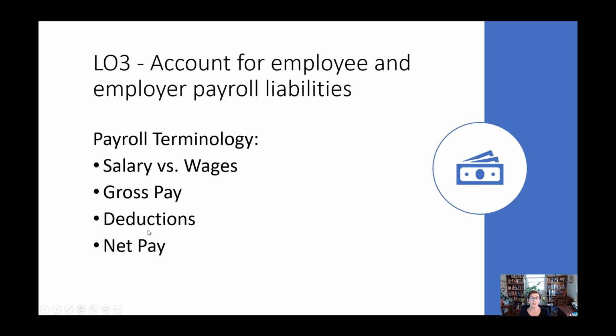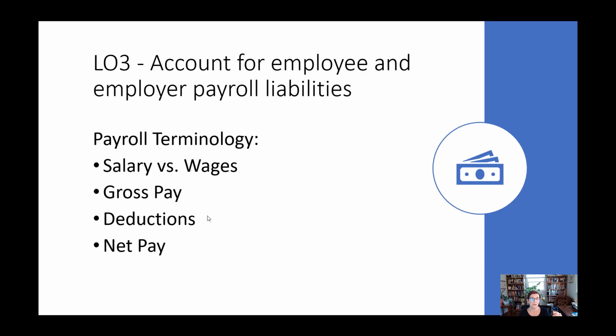Now, what kinds of deductions are there? Well, you're going to have income taxes withheld, and that could be federal and state, and it could even be city if you happen to be in like New York City or Yonkers, a place where there is a city tax. You might have 3 different kinds of taxes.